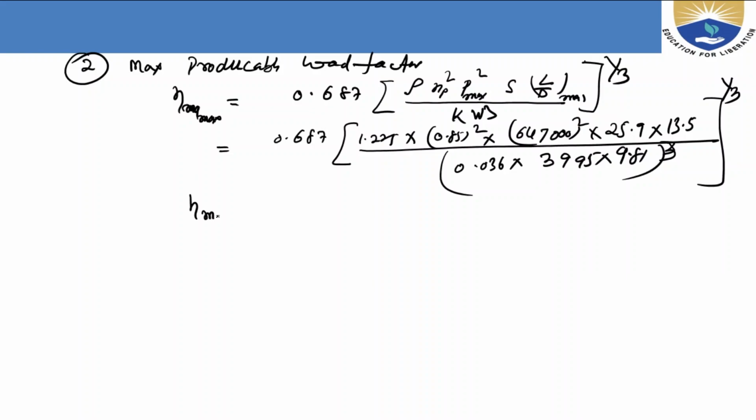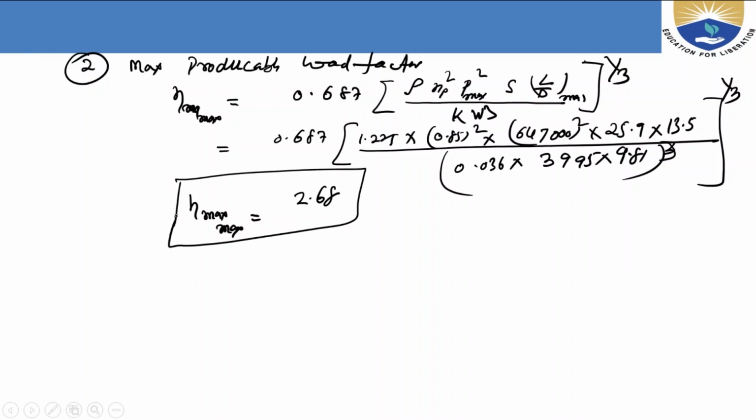So n max you will get 2.68. So this is also another answer, n max.